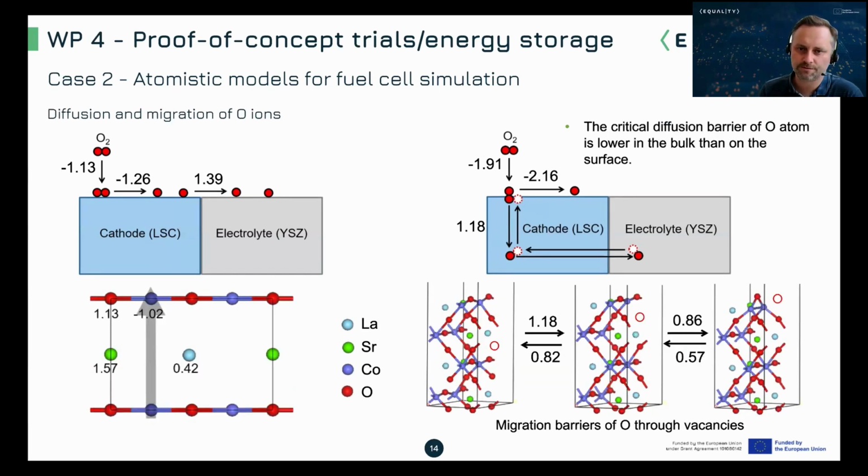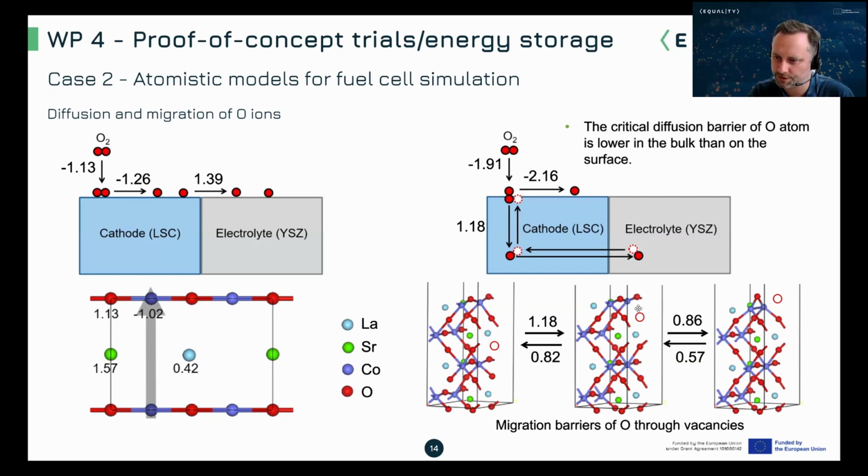Now towards diffusion and migration of oxygen ions. What we have shown here is the adsorption energy of oxygen ions on various sites of the surface, and also the barrier for diffusion from one of those sites to another. And on the right side, for the defective surface, we show how oxygen ions can move from one defect to another.